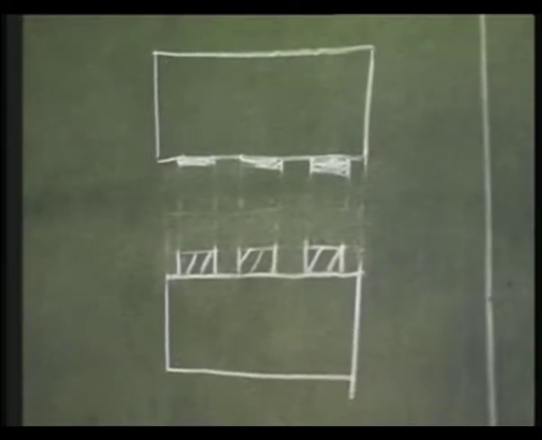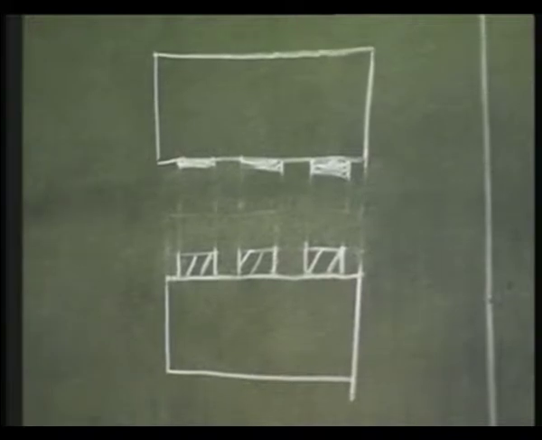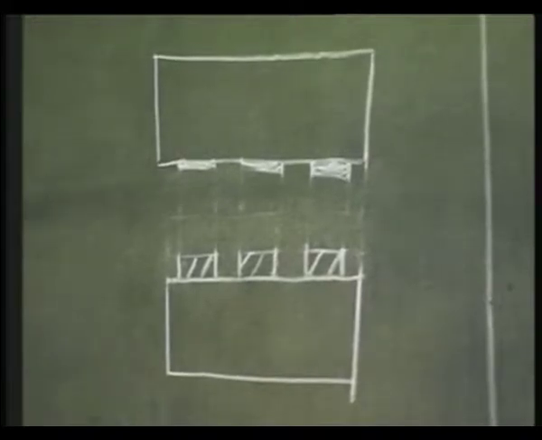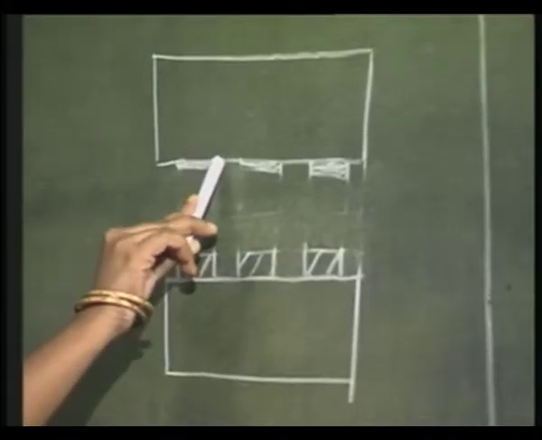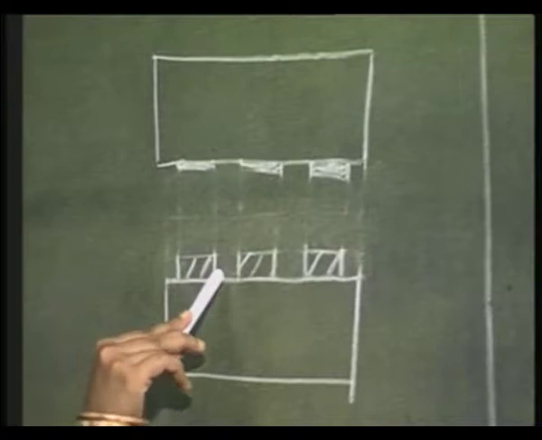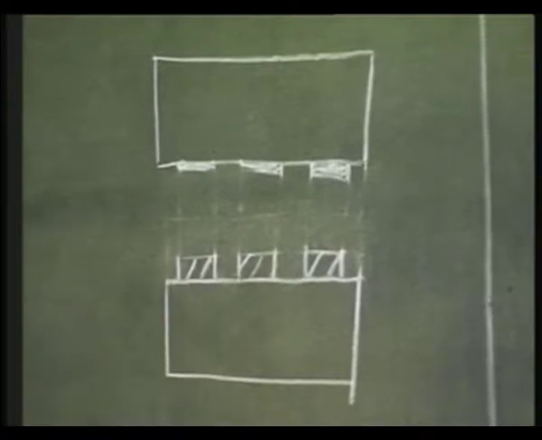Okay. So, now if I dope the semiconductor, which are the regions where the dopant will get incorporated? The regions corresponding to the transparent portions of the mask. In other words, these windows are the windows I have opened in the oxide.